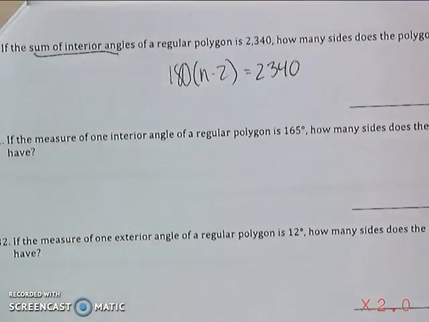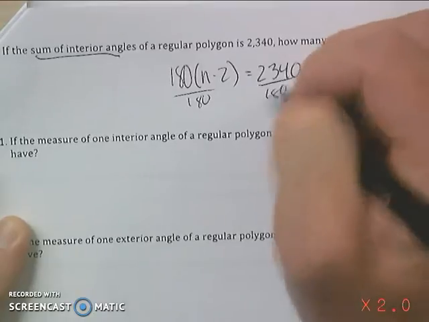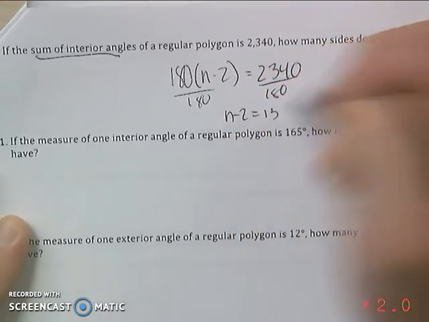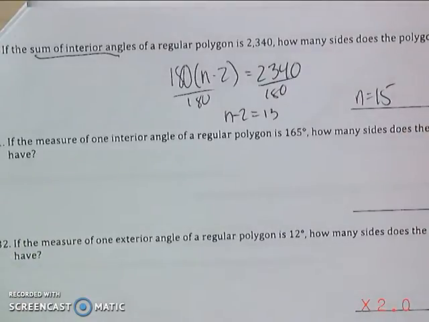Okay, and to calculate that out, I'm going to divide by 180 to start. That seems to be a little bit faster instead of distributing it. So when I divide by 180, I'm going to get n minus 2 equals 13, which means n is going to equal 15.